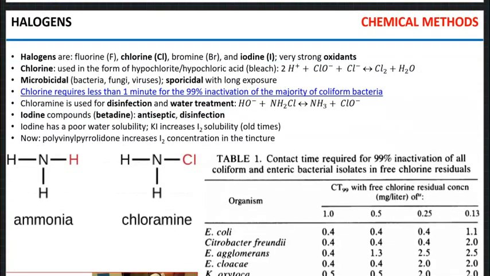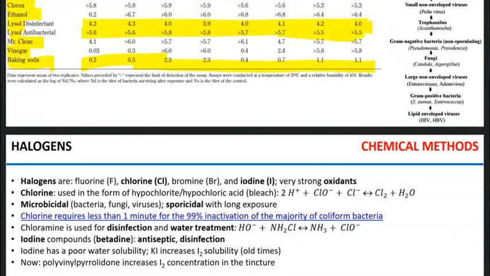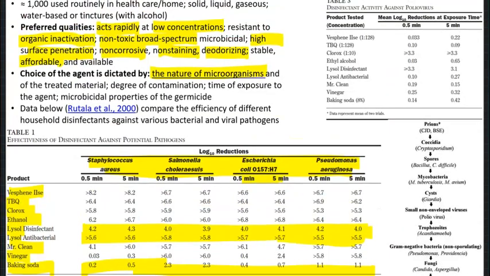Now, for chemicals, things to consider. And by the way, selection. Nature of treated material, obviously. Degree of contamination, sure. Time of exposure and microbicidal promises. But here's another thing. I'm going to give you an example from our own lab practice when I was a postdoc. We had to spray cages with mice when we move them around.